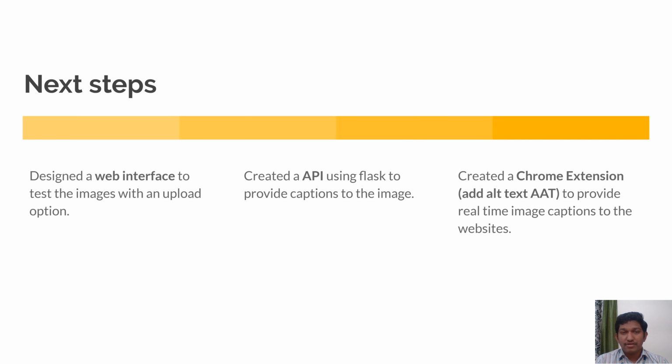For example, if any visually impaired person wants to know what is inside an image and that image does not have a better alternative text, using this Chrome extension, they can know what is inside the image. So this is very useful to people who use text readers or who are visually impaired. On clicking a single extension, they are going to know what is inside that image.